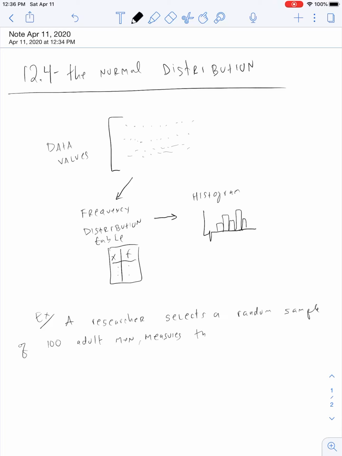He measures their height and constructs a histogram.